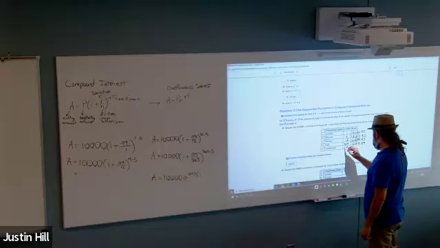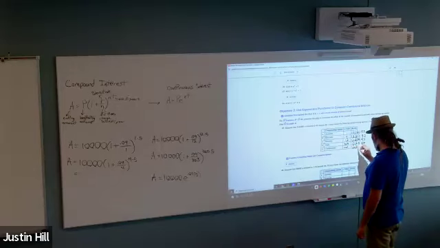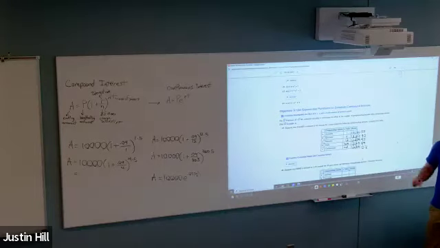Yeah. So theoretically, this is the maximum they can get out of you, compound interest wise. 12,214.03.